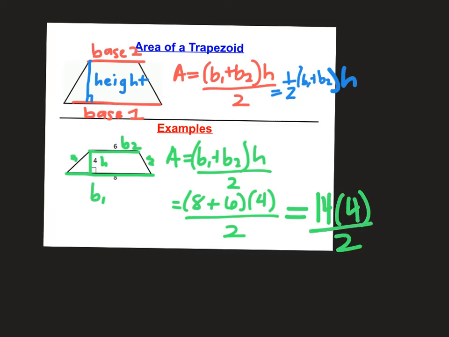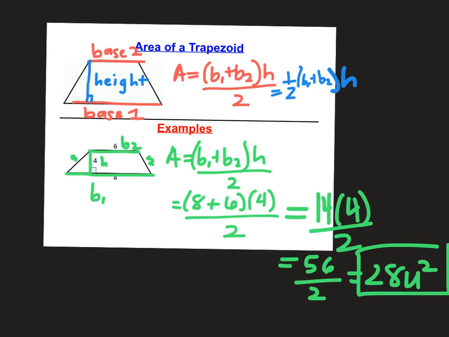Again, I'm going to throw 14 times 4 into my calculator. That gives me 56. So my final answer is going to be 56 divided by 2. And if I divide that by 2, I get 28. Again, just like before, our units are going to be squared. This one doesn't have any units, so we're going to do units squared. And that should be your final answer.